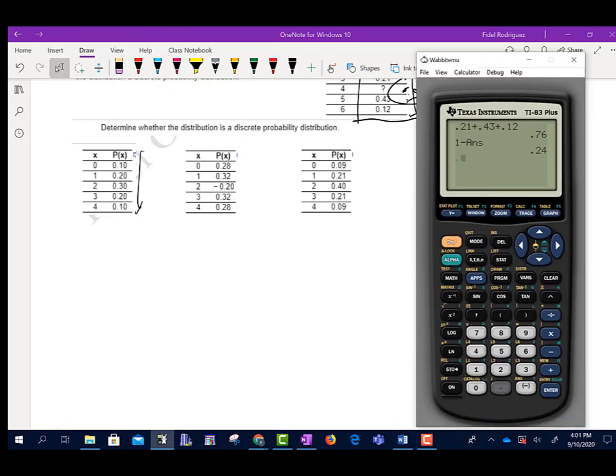Let's start 0.10 plus 0.20 plus 0.30 plus 0.20 again plus 0.10. And did I miss anything? Let me make sure I got them all. 10, 20, 30, 20, and 10. It looks like they do not, because they only add up to 0.9.